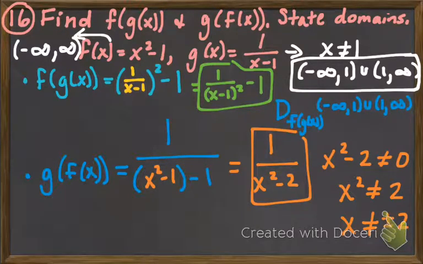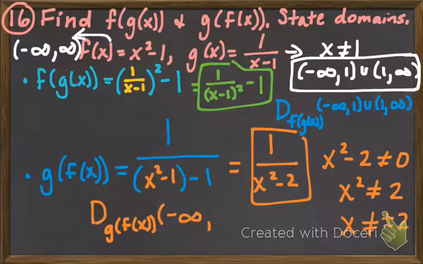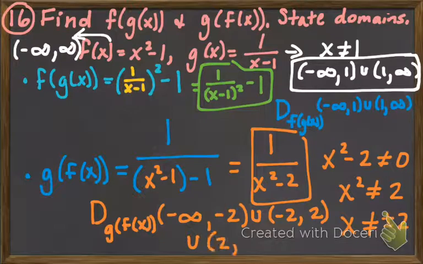So again, starting with all real numbers, the first restriction we would run into, and I will again show you that more sophisticated way of showing your domain. So subscript g of f of x this time is negative infinity to, the first restriction we would run into is negative square root of 2, union negative square root of 2 to square root of 2, union square root of 2 to infinity.